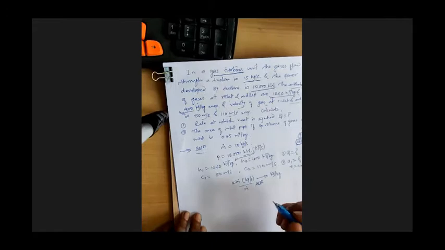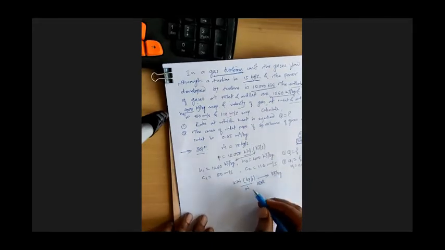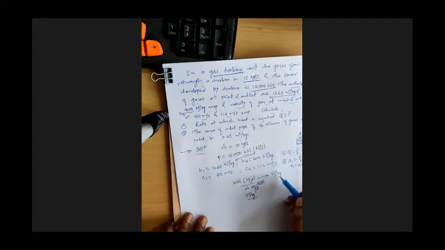Why do we divide by mass flow rate? The unit of mass flow rate is kg per second. So the second will get cancelled, and you will get the unit in kilojoules per kg, right?